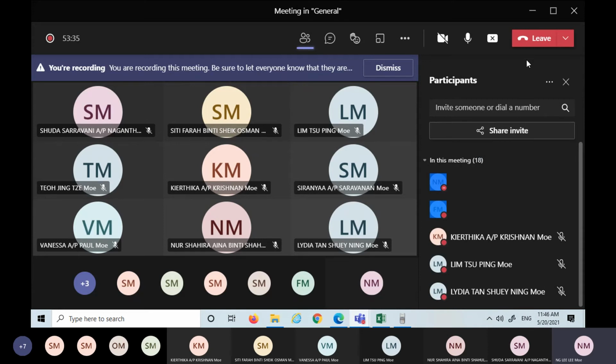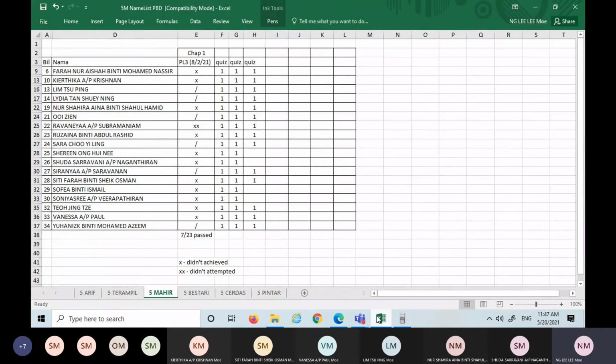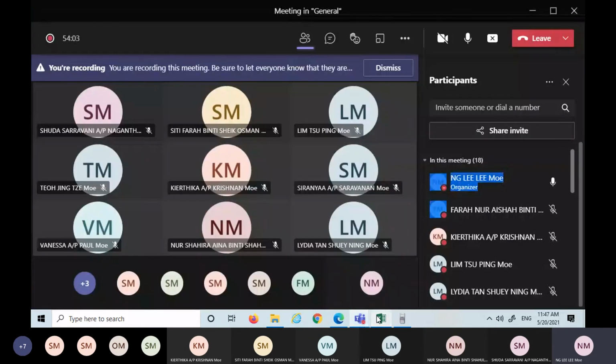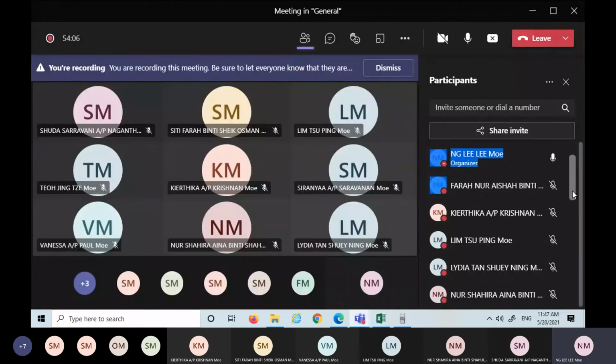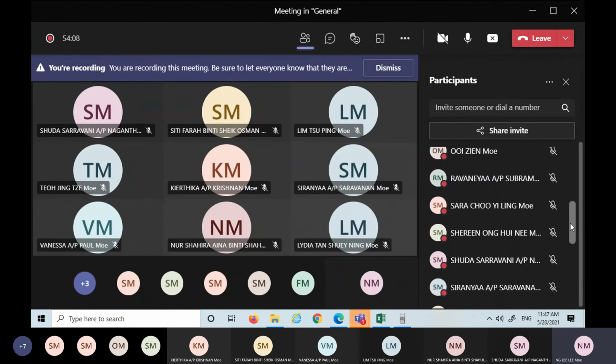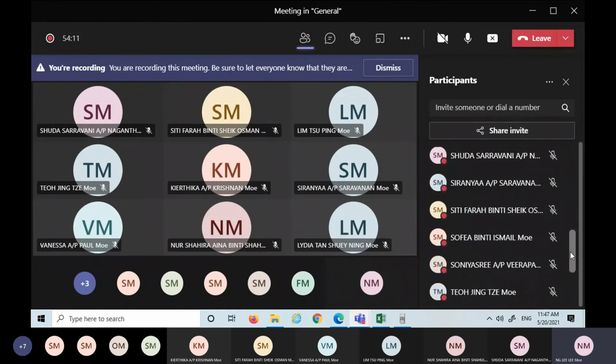Just now I mentioned Serene, Shuda, Sophia. Sonia 3 here already. Shuda here. Serene here. Sophia here. Okay, all these 4 are here.